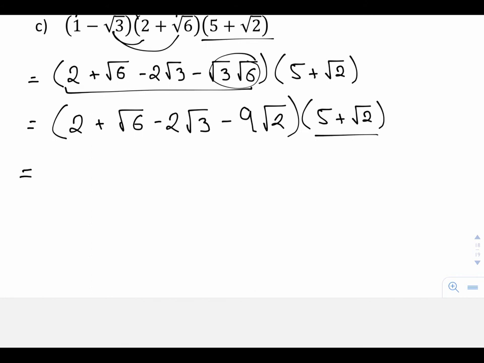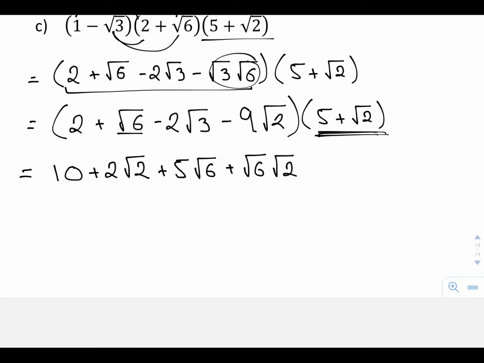I'm going to multiply the 2 by these 2 terms, so I get 10 plus 2 root 2. I'm going to multiply the 5 root 6 by these 2 terms. That'll give me plus 5 root 6 plus root 6 root 2.